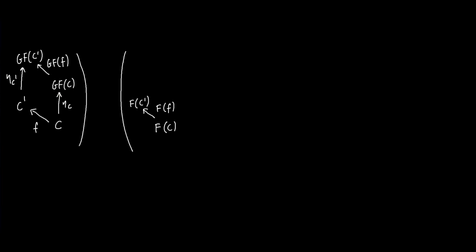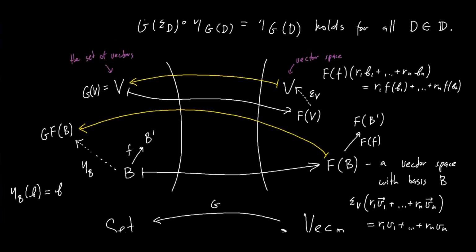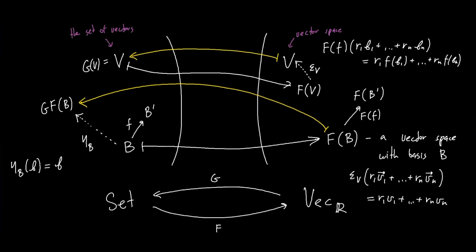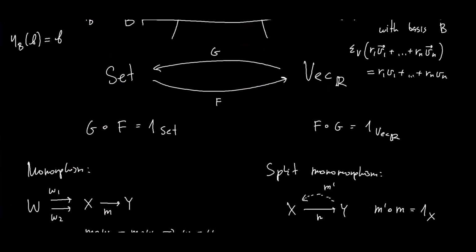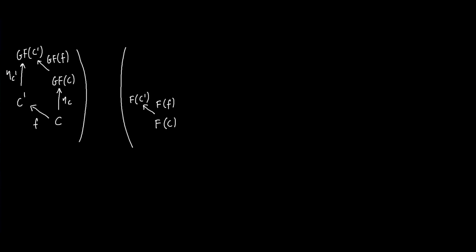Okay, but we now need to interpret this in our specific scenario where our C is a set, and specifically we've now called it B. So we've got some set B, and then we have B prime. And here we have GF of B prime, and here we have GF of B. And we should put the B here subscripts of eta as well.